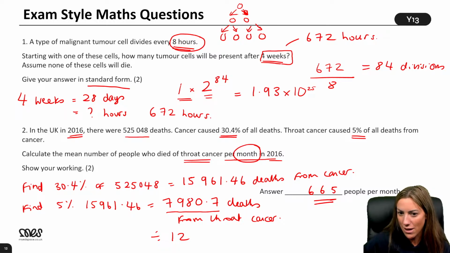How did you do that so quickly? So 665 people per month died from throat cancer. Quite an easy maths question. It's just actually reading the question, isn't it? Because you've got the total number of deaths. You need to work out how many from cancer, then how many of those were from throat cancer, and then divide it by 12 so you've got it per month.